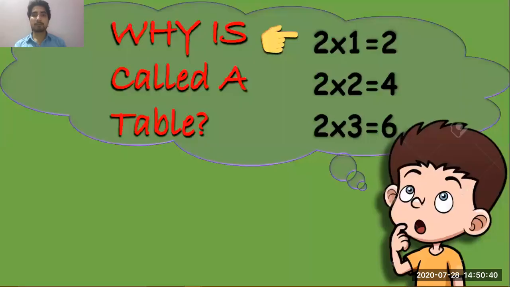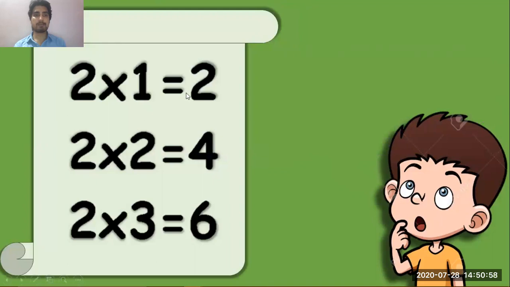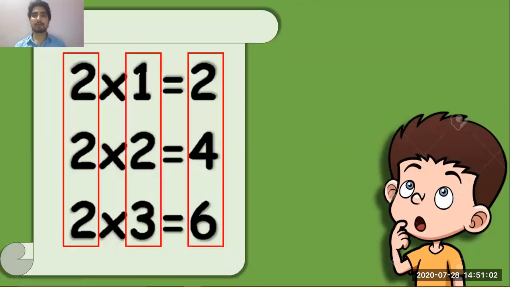Now since childhood we are learning the tables, right? Table of 2, table of 3, table of 15, table of 20. So why do we call it a table? Let's find out. Now if you see this table nicely, you can see there are different columns. That means data is arranged vertically.